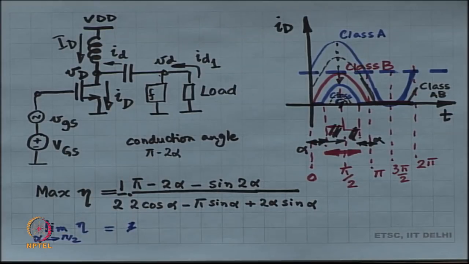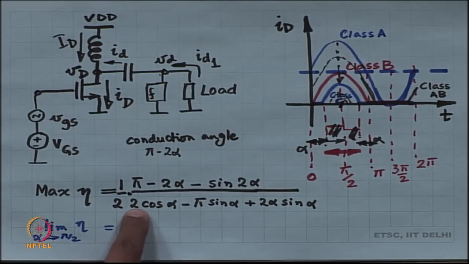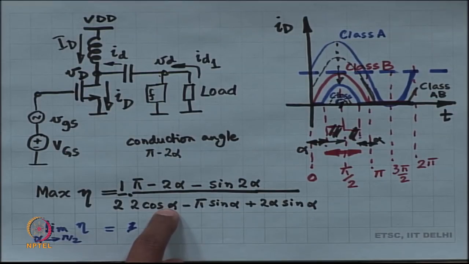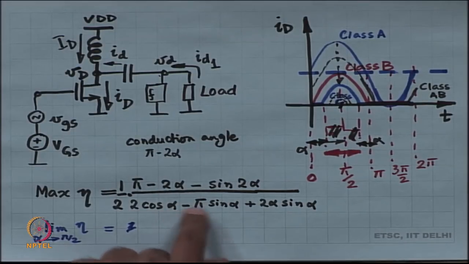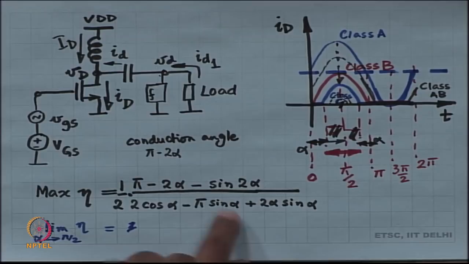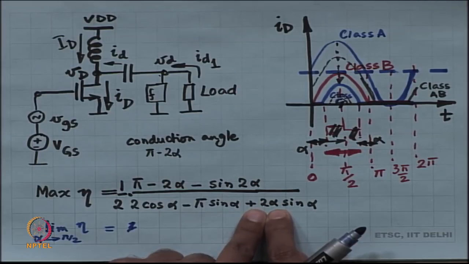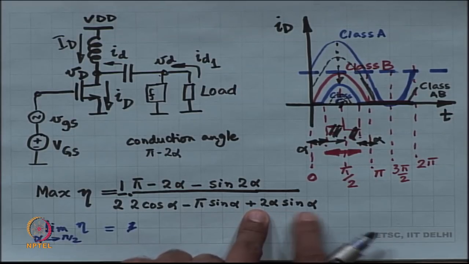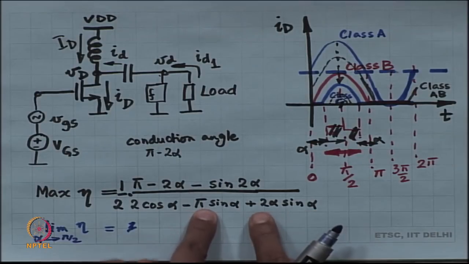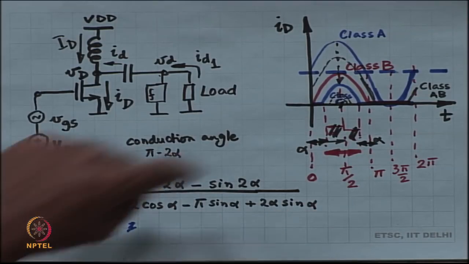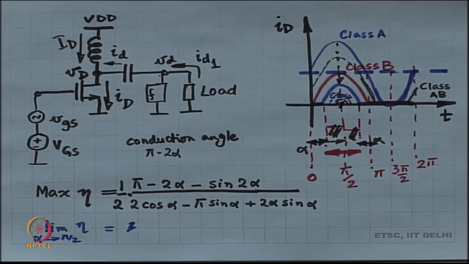So, your numerator has become a big 0. Your denominator is 2 times cos of pi by 2, cos of pi by 2 is a 0, minus pi times sine pi by 2. So, that is minus pi, plus 2 times pi by 2, which is pi times sine pi by 2. So, that is also 1. So, minus pi plus pi, which is 0. So, your numerator is 0, denominator is 0. Okay. So, you have got a 0 by 0 situation, and therefore, we have to take the limit alpha tends to pi by 2. All right.